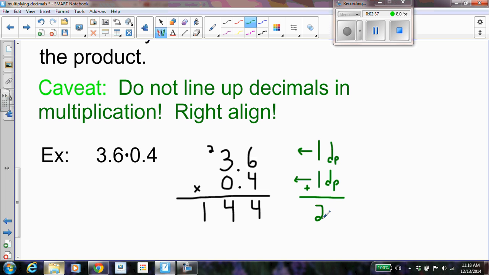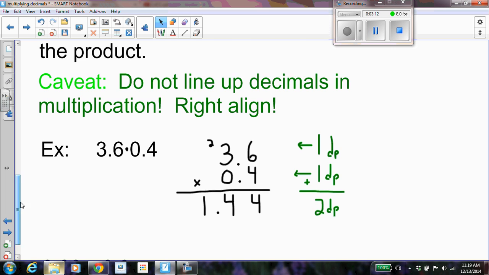That means in my product, I want to have 2 decimal places. So let's get my decimal. I'm going to put it here. That's where it's understood, but that's 0 decimal places, 0 digits to the right of the decimal. Here, it's 1 decimal place to the right. That's not 2. I want 2. So I'm going to go 1 more swoop, and I'm going to go right here. So my product is 1 and 44/100.